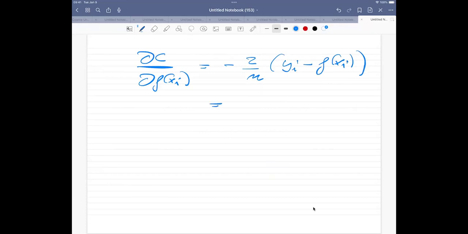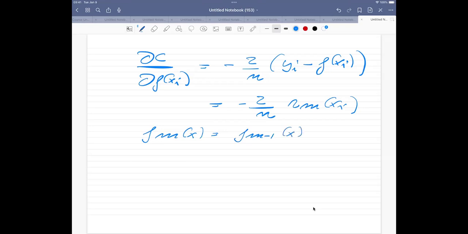So this is just equal to minus 2 divided by the number of data points multiplied with the residual. And what you see then is that this new f of m of x is simply equal to this f of m minus 1 of x plus this r m of x.